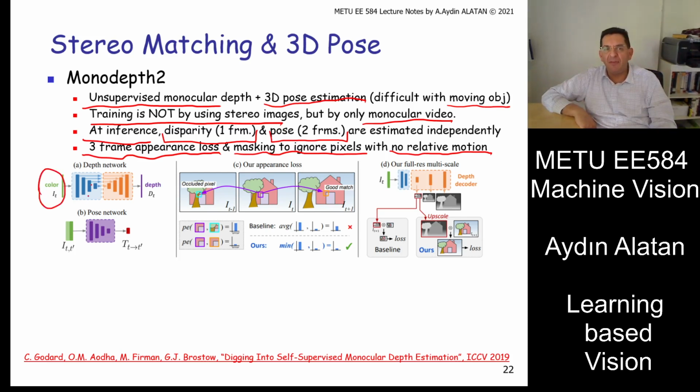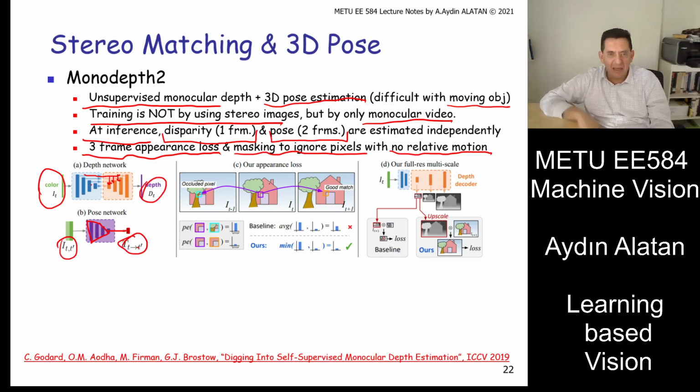There is a depth network, as before hourglass, but also we have this FPN, feature pyramid network. And in the meantime, I have this double frame, and pose network is regressing this transformation, rotation, and translation.